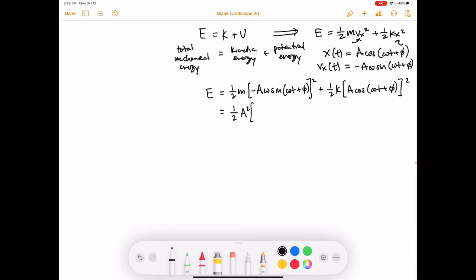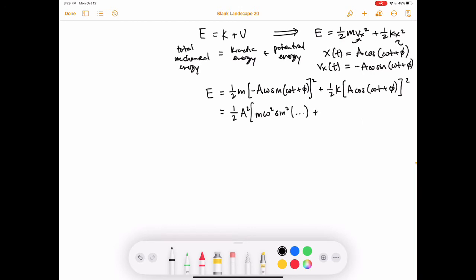So we have 1/2 times a squared in both terms. The first term is going to have m times omega squared as the constant out front, times sine squared of omega t plus phi, but I'm not even going to bother writing that. I'll just write dot, dot, dot, but you know that's omega t plus phi inside of the sine function.